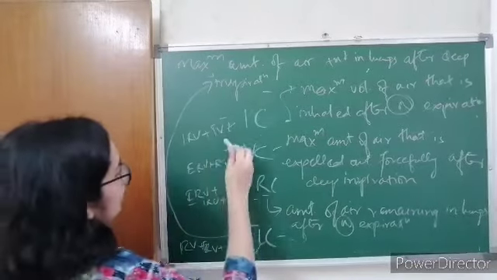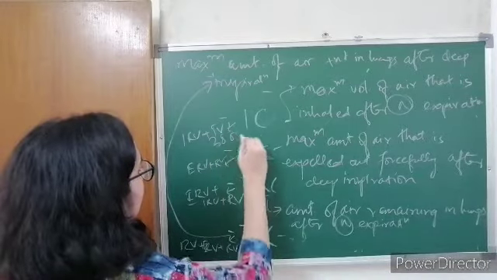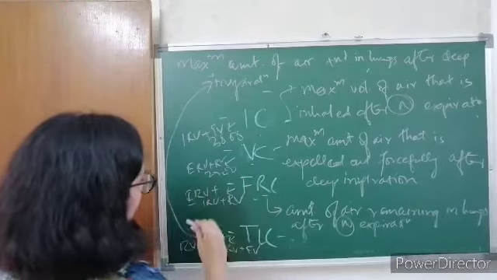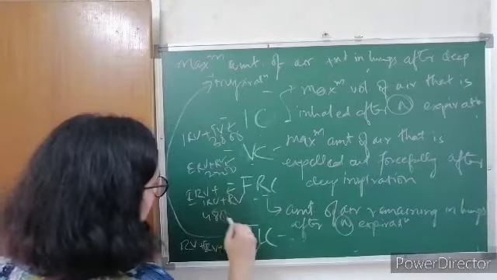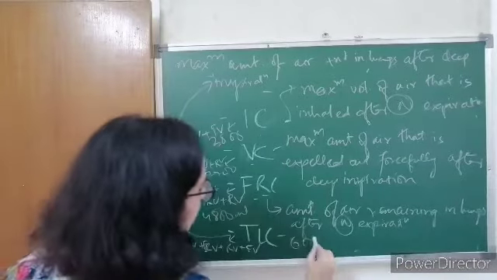IC will be approximately how much? 3800. VC will be 2200. FRC will be 4800. And TLC will be 6000.